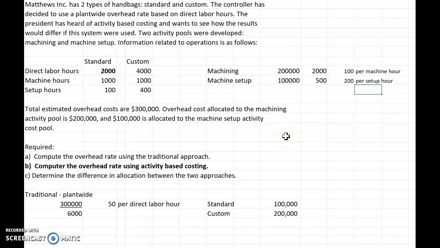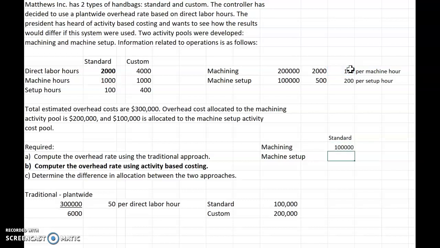So for standard, let me make a column here for standard. Right? We would have the machining activity and the machine setup activity. And so for machining, to get the machining overhead, it's $100 per machine hour, and the standard product is going to use 1,000 machine hours. So we're going to multiply the $100 rate times the 1,000 machine hours.